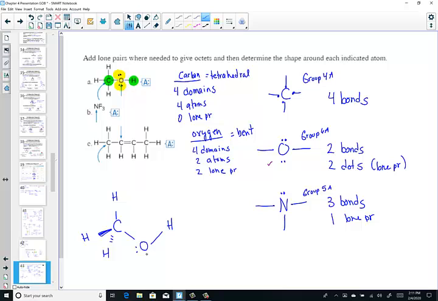And that's the bent part of the molecule. So that gives you a better visual of what it really looks like. 440 around the carbon, 422 around the oxygen. That's a bent part of the molecule around the oxygen, tetrahedral around the carbon.